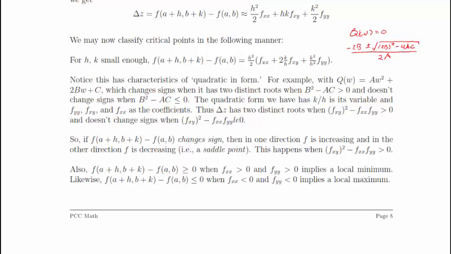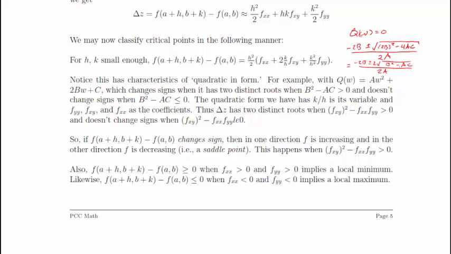So here I can factor out a 4 and then take its square root. So we get negative 2b plus or minus 2 root b squared minus ac. So this has two solutions when b squared minus ac is greater than 0. It has one solution when b squared equals ac, and it has no solutions if b squared is smaller than a times c. Right?